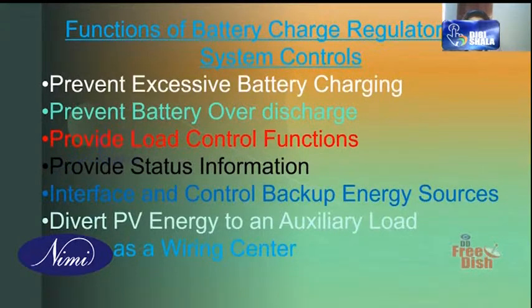And it works as a wiring center. You can see all the wires coming from the combiner box, the DC solar module, and going to the inverter. In between, the solar battery charge controller is working.